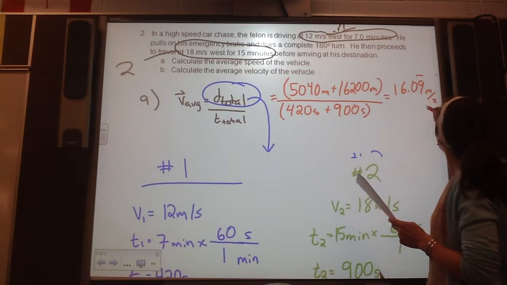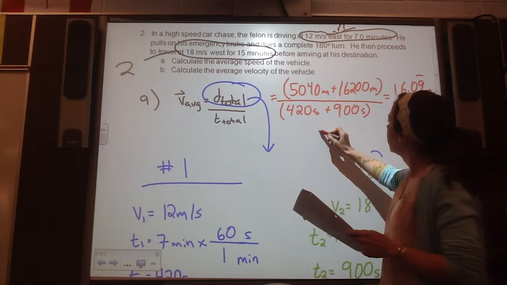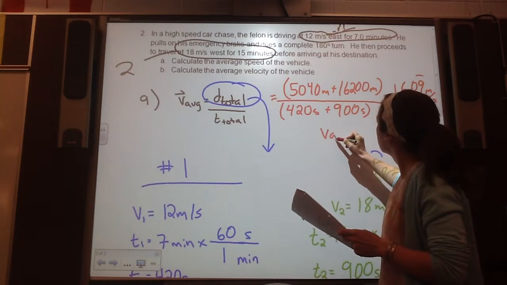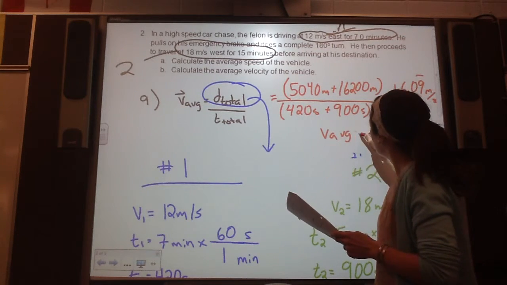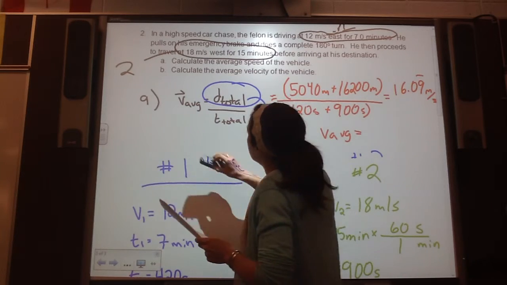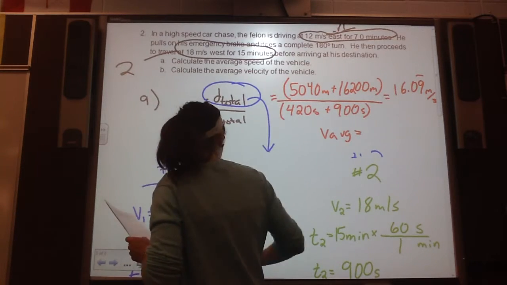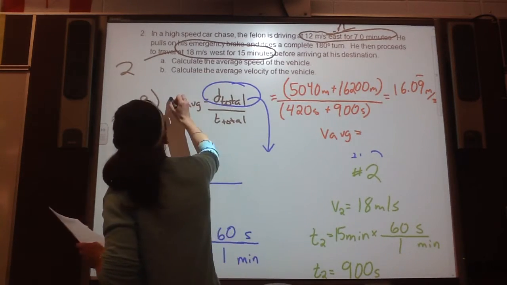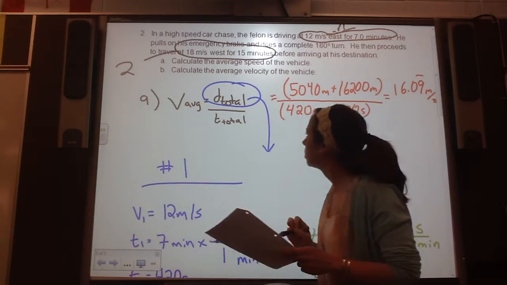So in sig digs then, but you caught something, Ty. This initially shouldn't have had an arrow over top of it because we are finding average speed.